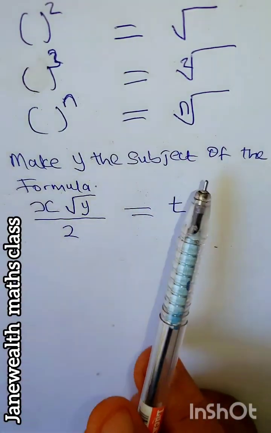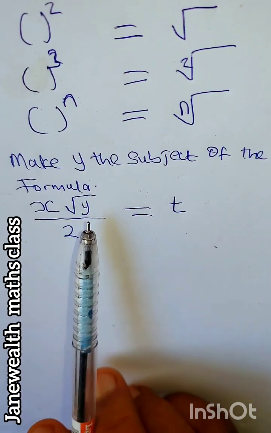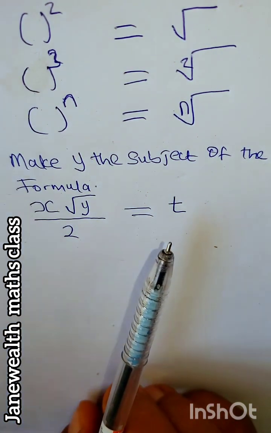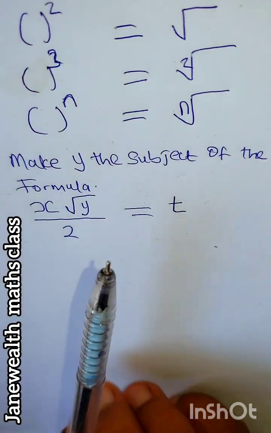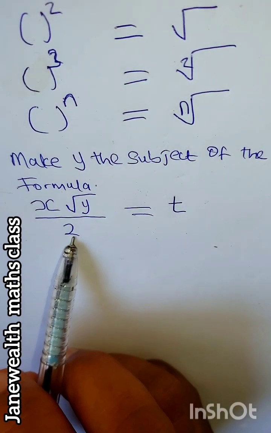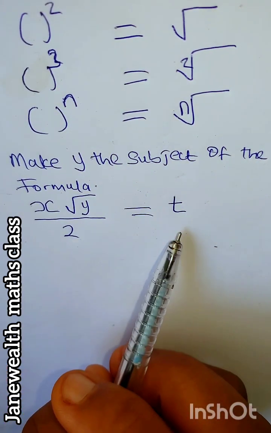Make y the subject of the formula in x root y over 2 equals t. This one is very easy. If you use the tip that I gave you, it will be easier for you. The first thing we are going to do is take this 2 that is dividing to the other side.